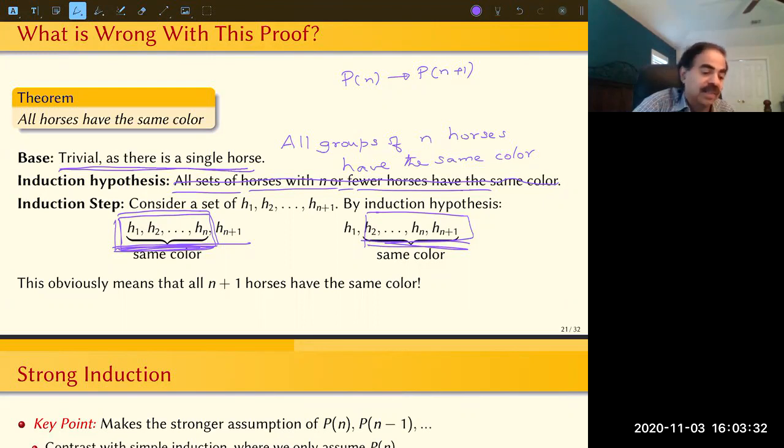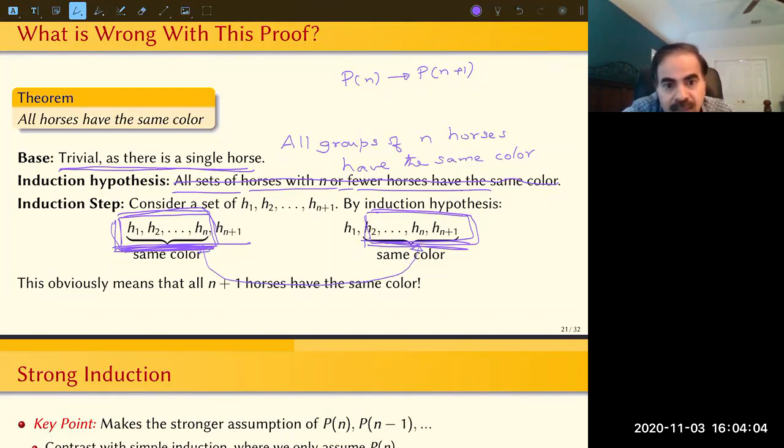The structure that does not exist is that there is this implicit assumption that this set H1 through Hn has at least 2 elements, right? Because what I'm appealing to when I say, if this has the same color and this has the same color, then everybody must have the same color, is that there is an Hn that is common between these two groups.